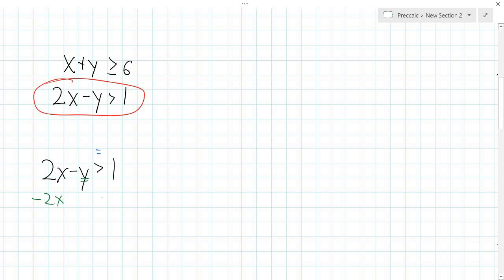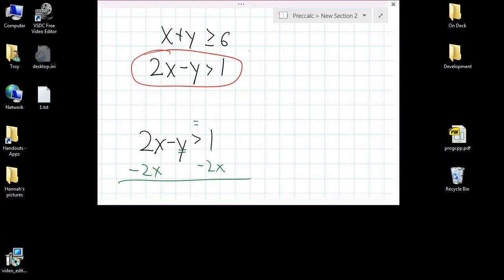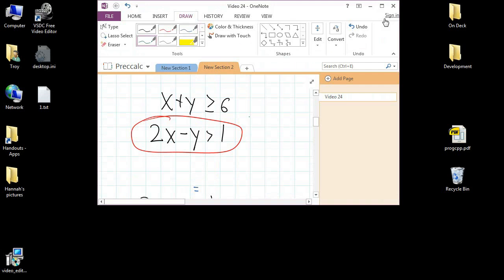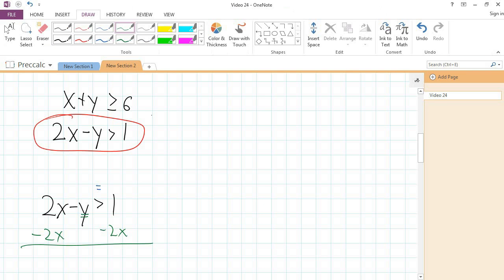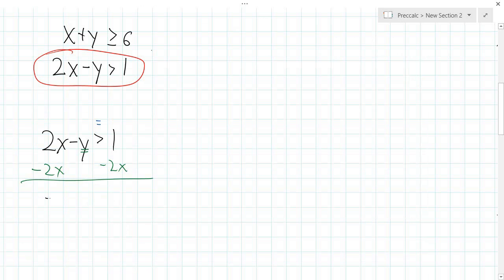Minus 2x, minus 2x. I'm solving for y. And I'm going to have, let me fix this here. Okay. I have negative y is greater than negative 2x plus 1. I'm then going to multiply each side with negative 1.